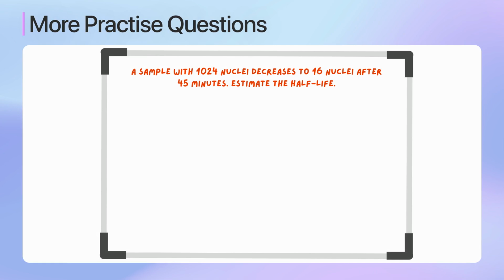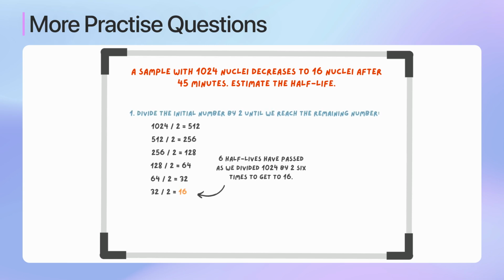For this problem, we want to estimate the half-life when a sample with 1,024 nuclei decreases to 16 nuclei after 45 minutes. Firstly, we need to calculate the number of half-lives.